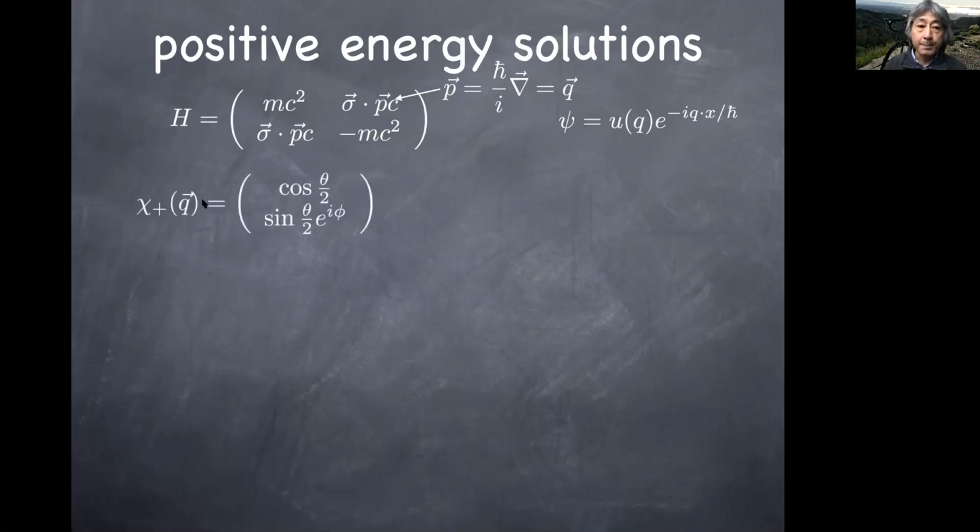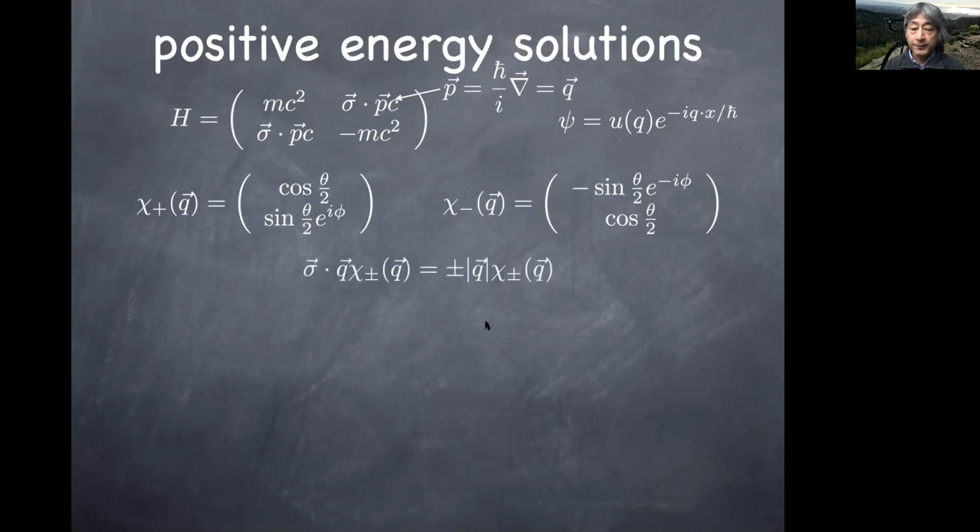And using the chi plus solution we worked out on the previous slide, this sigma dot q turns into positive q, the magnitude of the momentum vector. If you use chi minus, then this sigma dot p, which is now replaced by q, turns into negative magnitude of q vector. And that's because of these eigenvalue solutions we looked at.